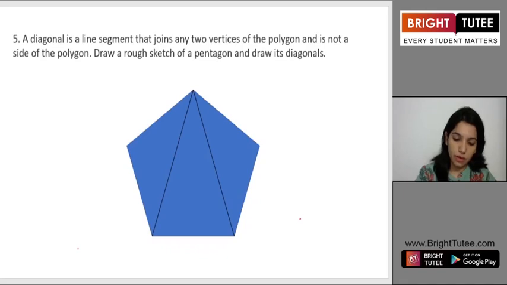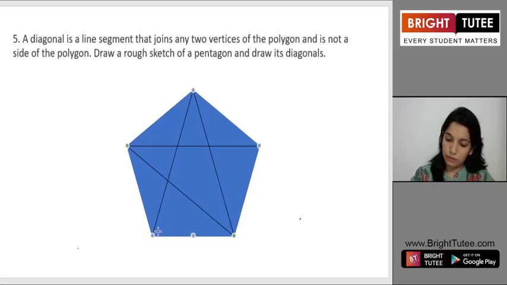So again, from this point I can join this. This is another diagonal here. Now let's draw another one from here to here. This is diagonal number 4, and I think we are just left with one more. Okay, so beautifully we have got 5 diagonals in here.